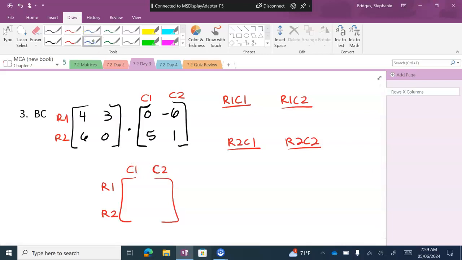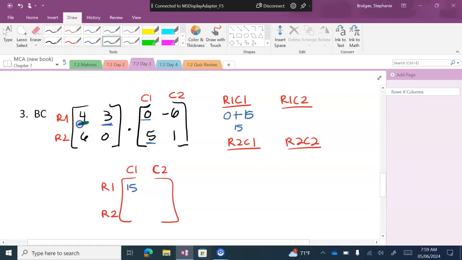All right, so let's start. Row 1, column 1, we're going to multiply 4 times 0, which gives me 0. And then across and down, so 3 times 5 is 15. 0 plus 15 is 15, and that goes in row 1, column 1. Then we're going to go row 1, column 2.